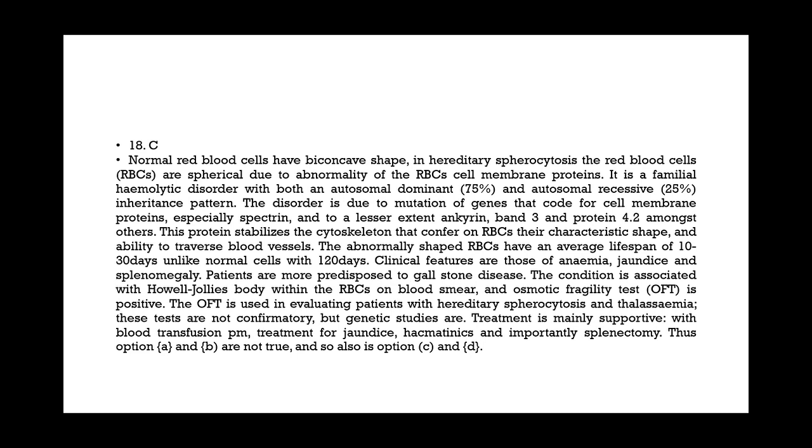Normal red blood cells have a biconcave shape. In hereditary spherocytosis, the red blood cells are spherical due to abnormality of red blood cell membrane proteins. It is a familial hemolytic disorder with both an autosomal dominant in 75% and autosomal recessive 25% inheritance pattern.